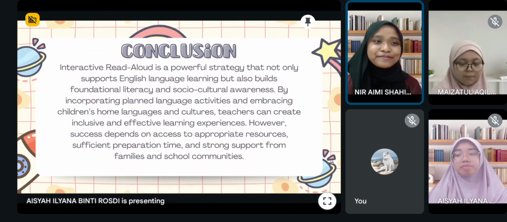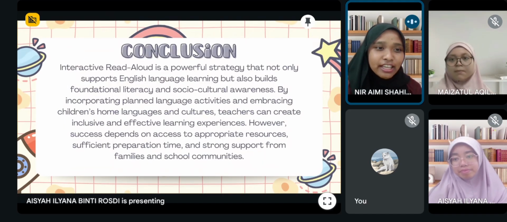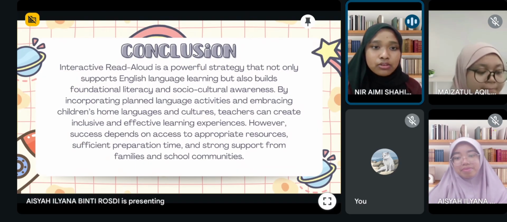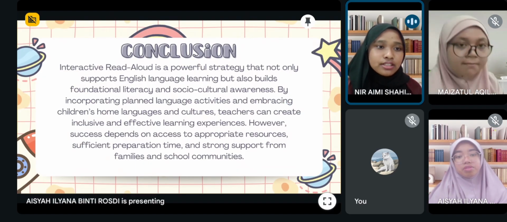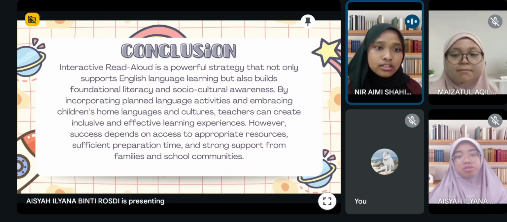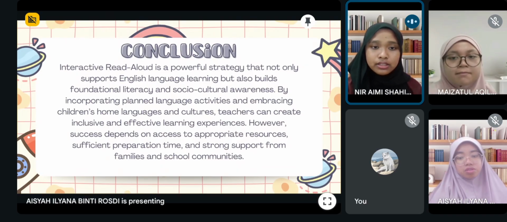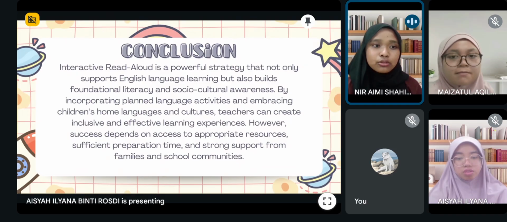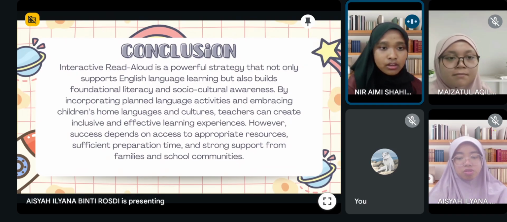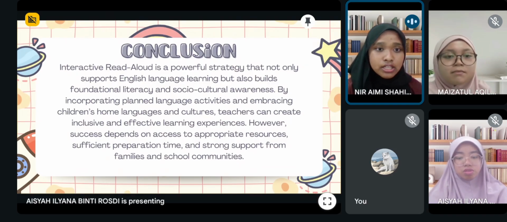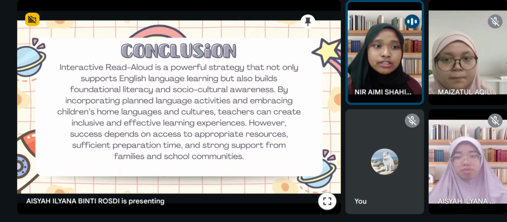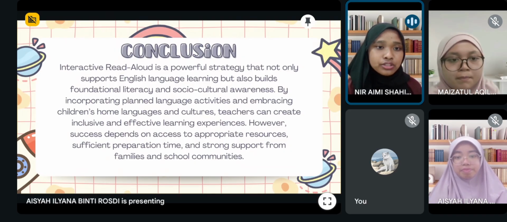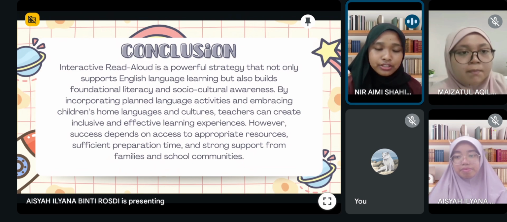In conclusion, interactive read aloud is a powerful, inclusive, and flexible strategy that can significantly enhance English language and literacy development in bilingual and multilingual preschool classrooms. It supports listening, speaking, reading, vocabulary, writing, and even grammar learning, all through the simple act of shared storytelling.